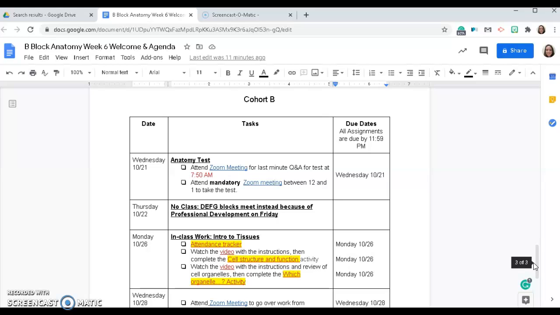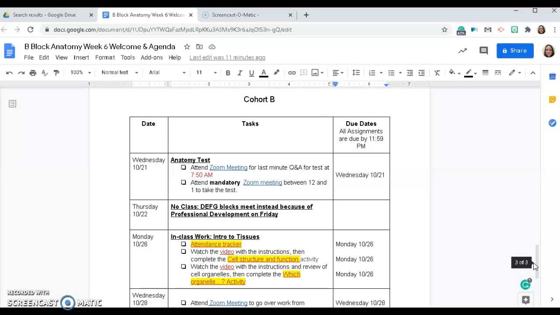There'll be some videos with directions and the review of cell organelles to help you do the 2 activities that the other cohort is doing in person in class.